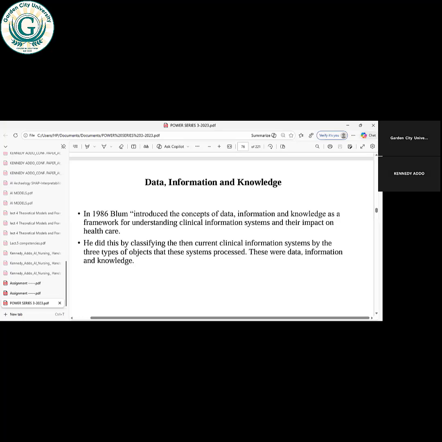But let us picture it this way. In your examination, once we raise, let's say, data as an element or just a data set, like demographic information or any data elements, you are supposed to confirm whether it depicts data, information, or knowledge. So we are going to begin our journey this way. They are very important because one leads to the other.